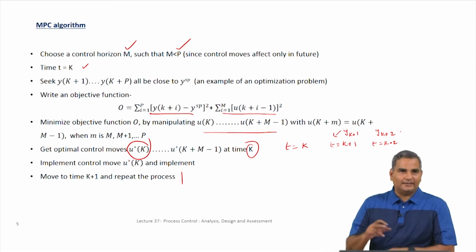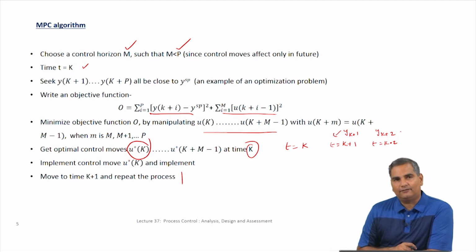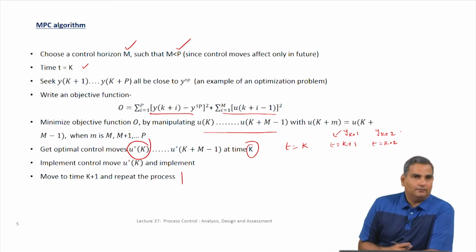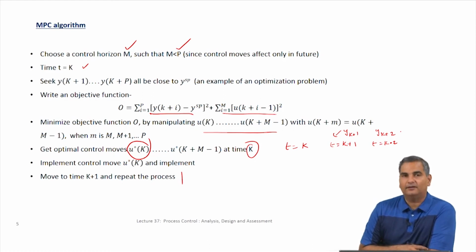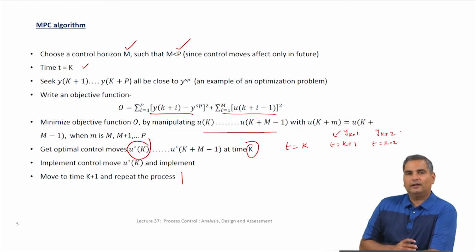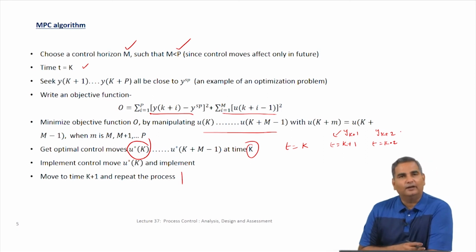Now, let us ask the flip question and say, if I have only one move that I am going to implement, why do I find all of these values is another question you could ask. Here you can show this theoretically, but I am going to appeal to a little bit of intuition to explain this to you.